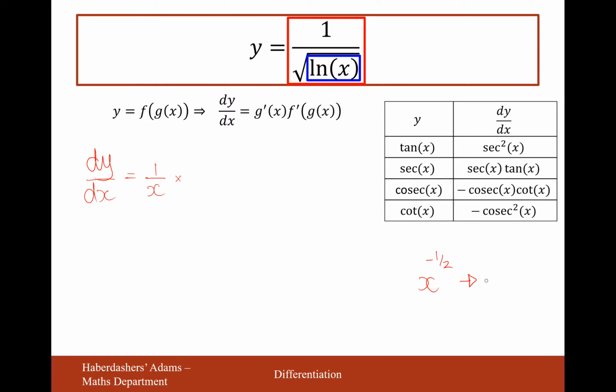So this will differentiate to minus a half, x to the minus 3 over 2. So that's what it's going to be. It's going to be minus a half, but it's not x, it's the inside function, so it's going to be ln of x to the minus 3 over 2. So simplifying this answer, it's going to be 1 over minus 2x bracket ln x to the 3 over 2. And that's the answer to this question.